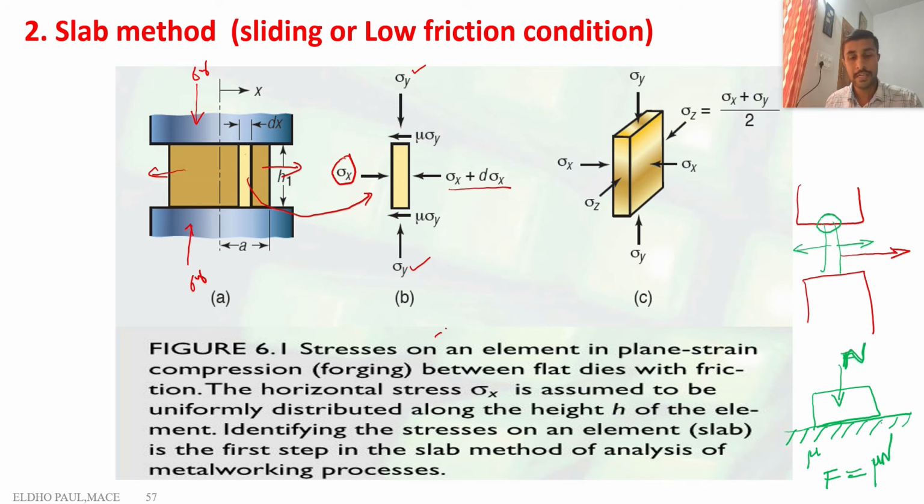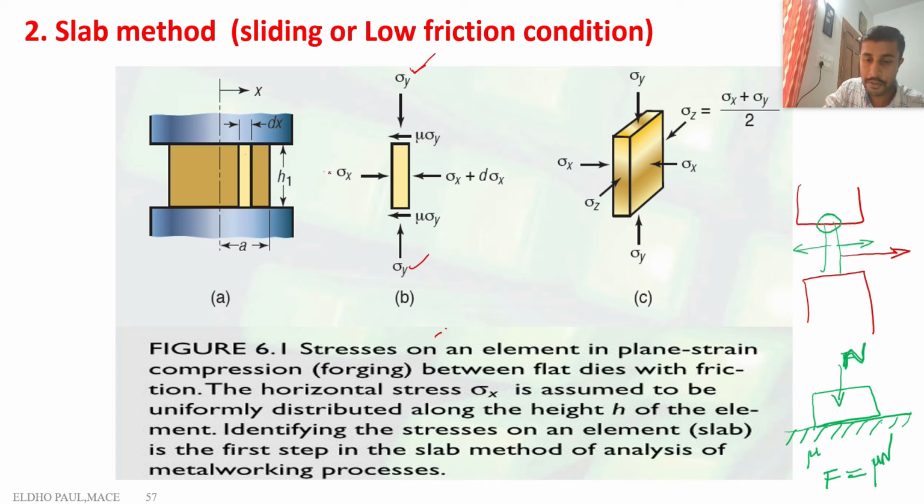So in the horizontal direction the stress varies: in one direction sigma x acts, and in the opposite direction sigma x plus d sigma x acts. So these are the three different stresses acting on a small element from the workpiece. The first one is the vertical stress sigma y.